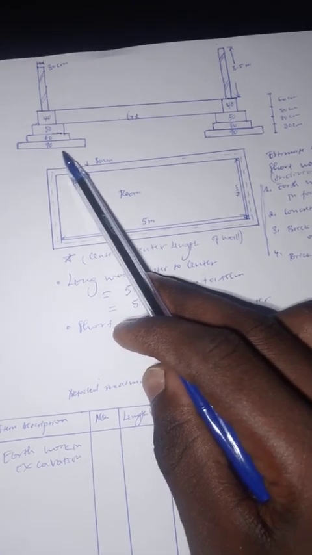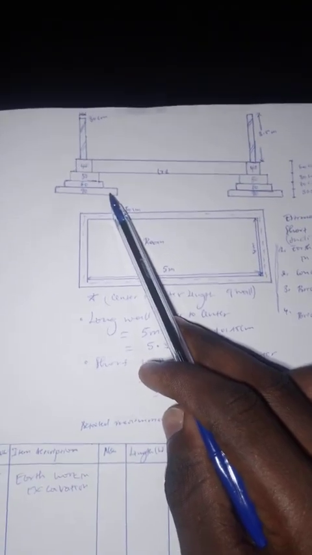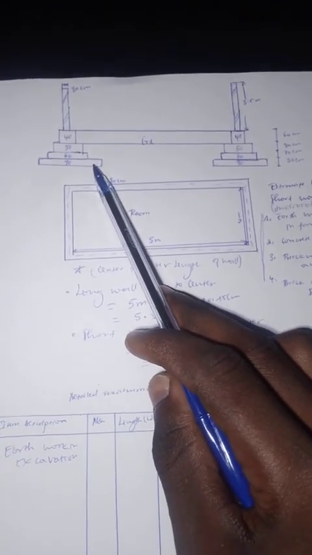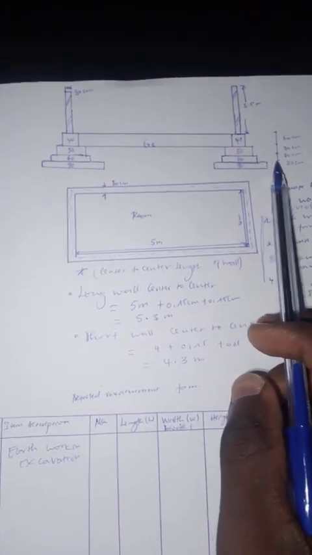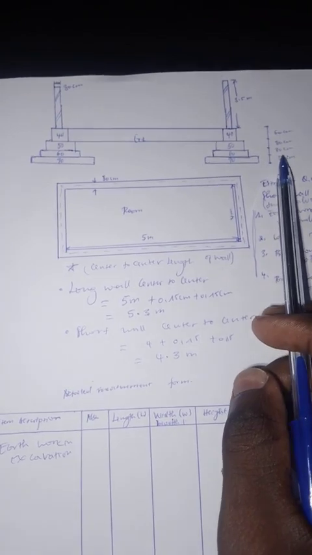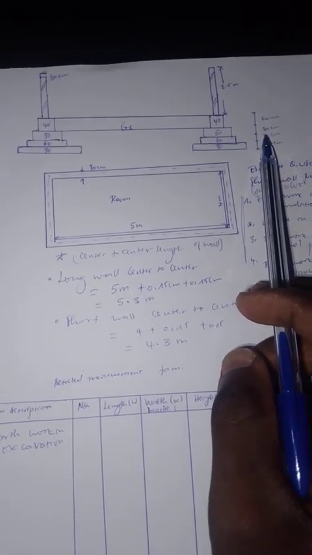The first concrete binding is 90 centimeter with a height of 30 centimeter, and 30 centimeter for the first and second steps, 30 centimeter each.